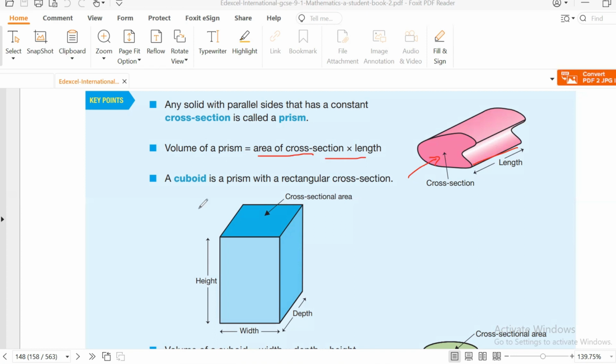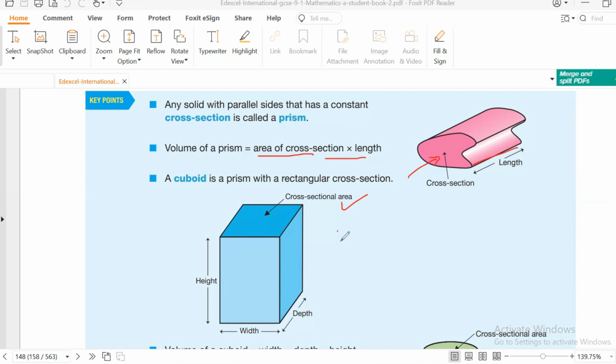If we have a prism in the form of a cuboid, the top face we will consider as the cross-sectional area, and the rest we will take as length or height, multiplied with the cross-sectional area to get the volume. This way we find the volume of a cuboid.